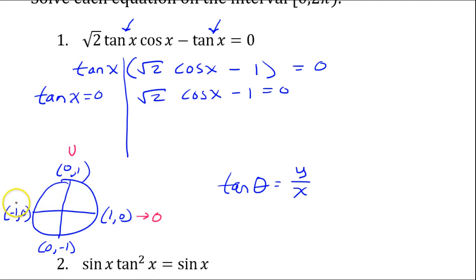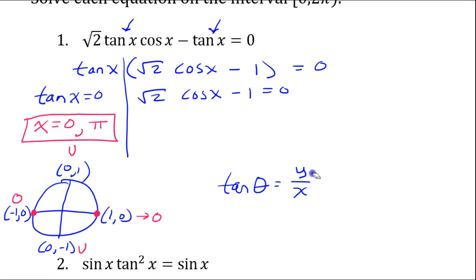If I do 0 over negative 1, that's going to be 0. If I do negative 1 over 0, that is undefined. So these are the two angles where the tangent is 0, and that's angle 0 and pi. So that's two solutions so far, x equals 0 and pi.